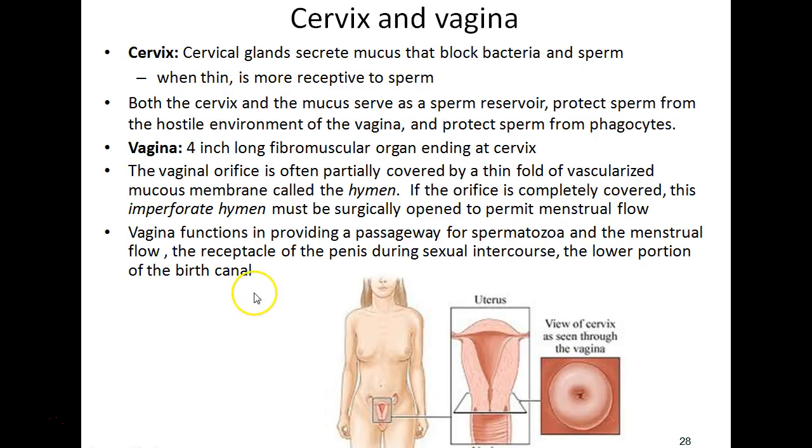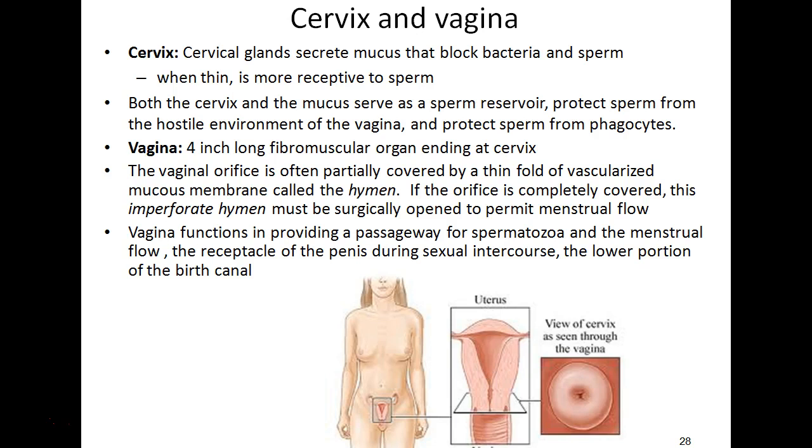Now we look at the cervix. So we're coming out of that uterus, and we're seeing the cervix getting its name for a quote-unquote sort of neck region to this reproductive system. In the cervix, we're going to have cervical glands that secrete mucus, and it's also going to block bacteria and sperm. When the mucus is thin, the cervix is going to be more receptive to sperm.